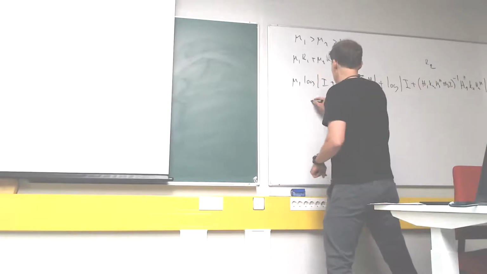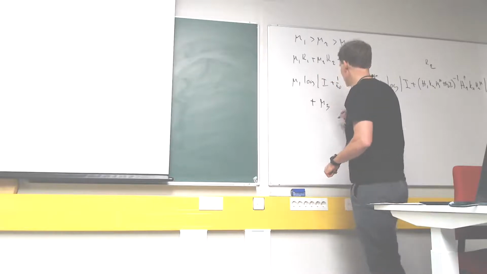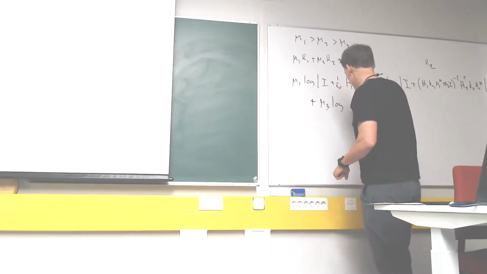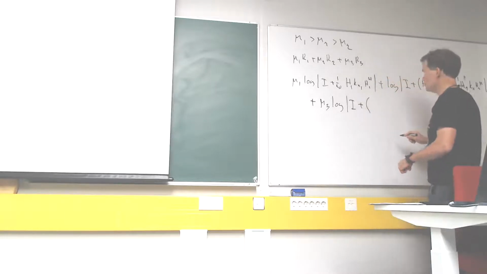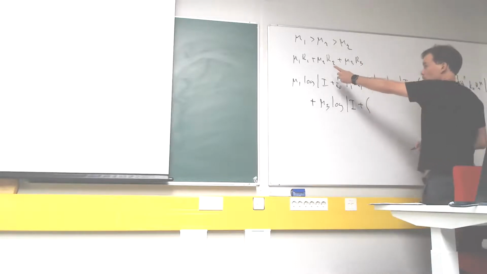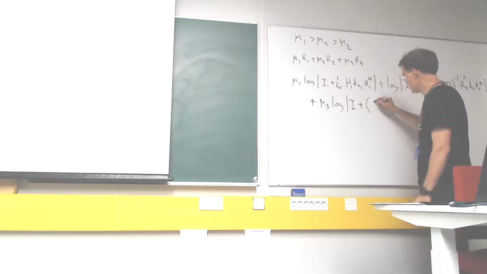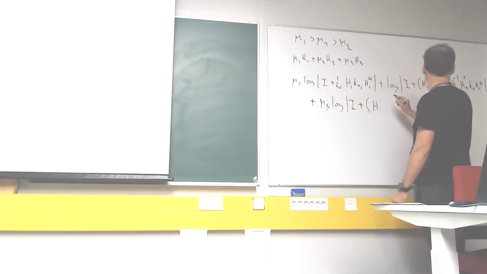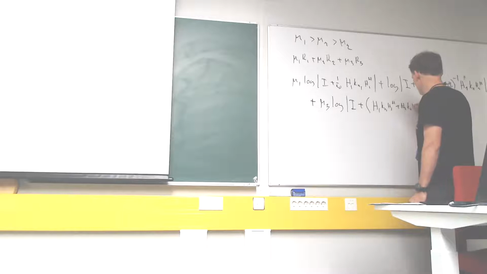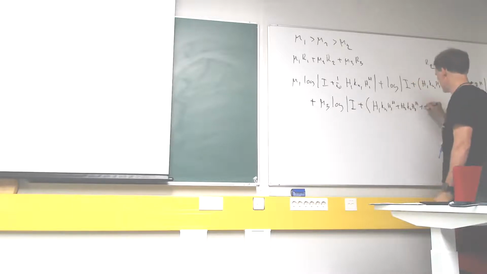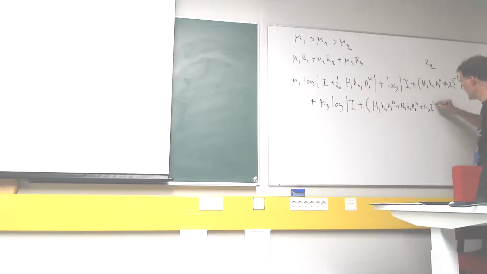Now, the rate of user 3 would be, straightforwardly, considering both 1 and 2 as interference: H1 Kx1 H1 Hermitian plus H2 Kx2 H2 Hermitian plus N0 I, inverse, times H3 Kx3 H3 Hermitian.